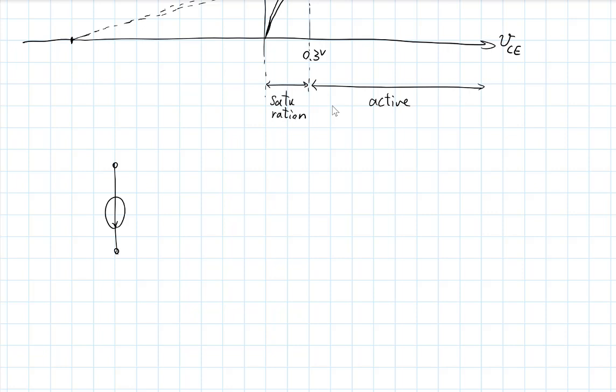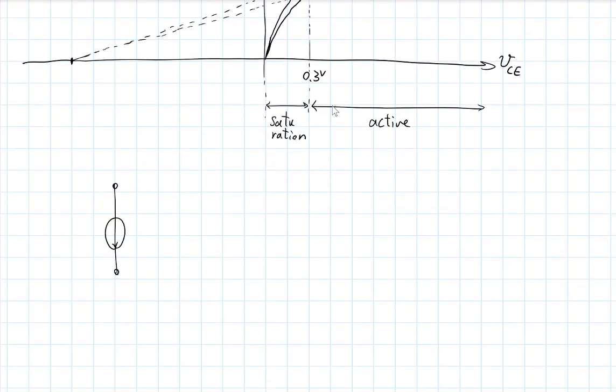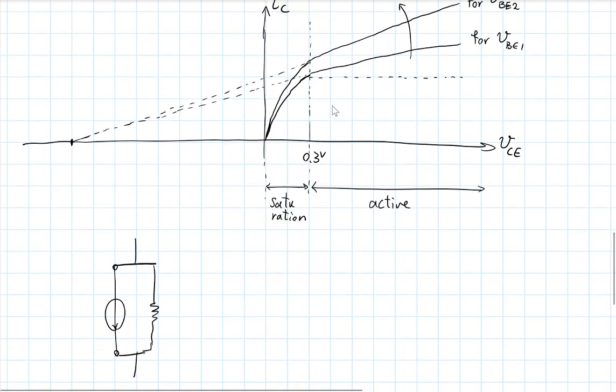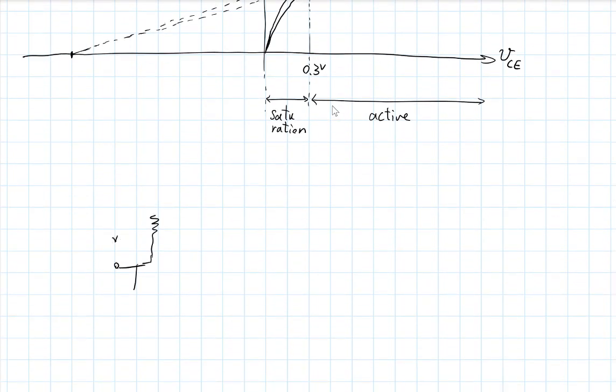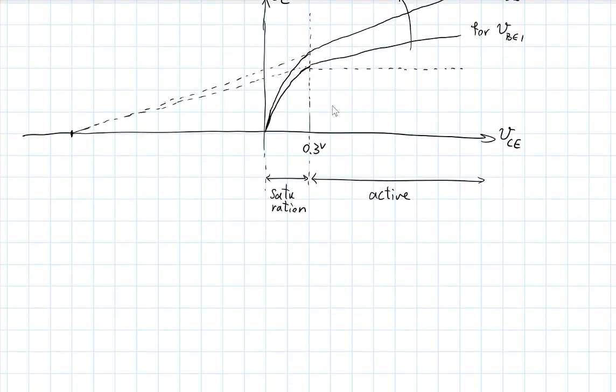What is an element whose current increases linearly with a straight line based on applied voltage? It's a resistor, right? So you can model that effect by putting a resistor in parallel with a current source. This would have characteristics like that. And that is something that you do sometimes if that slope is of importance. Okay? And this is often referred to as some value VA, and it's called the Early voltage. This is named after someone.